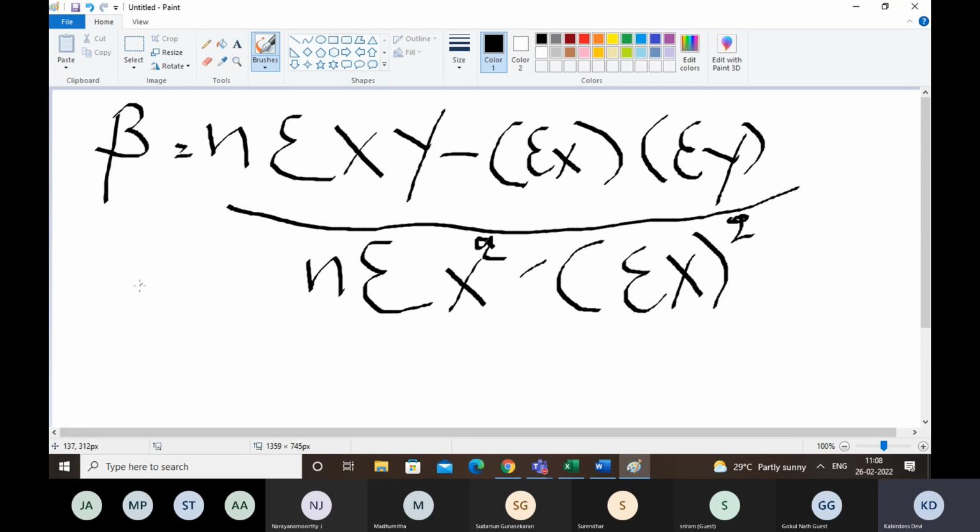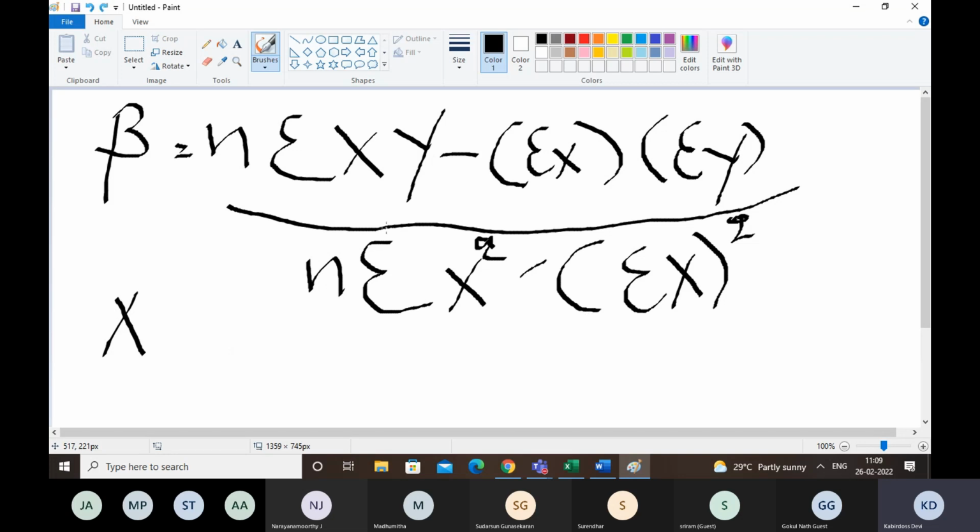It is something like a correlation coefficient formula, the same thing we use for beta also. So first we identify x, then y, then add all of these to get summation of x and summation of y, then the multiplication and x square. This is how we are going to find it.